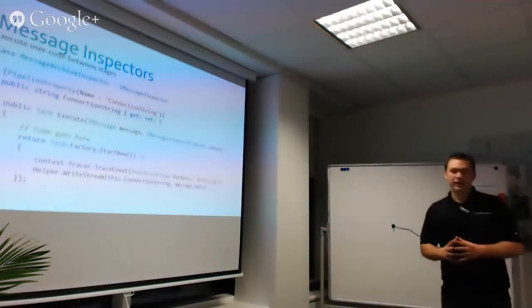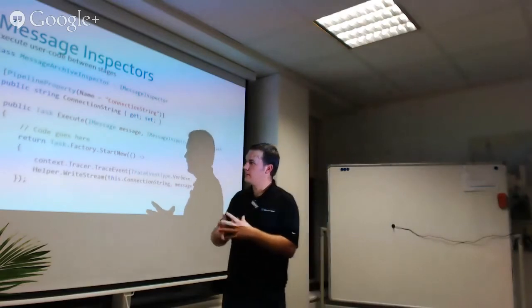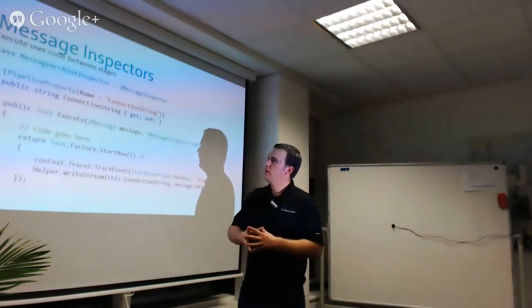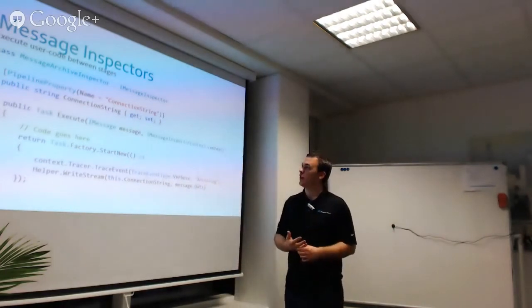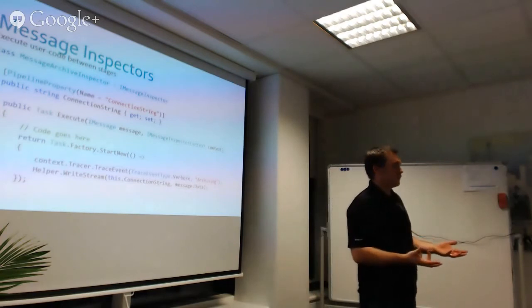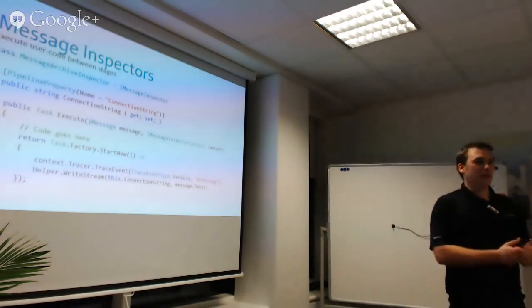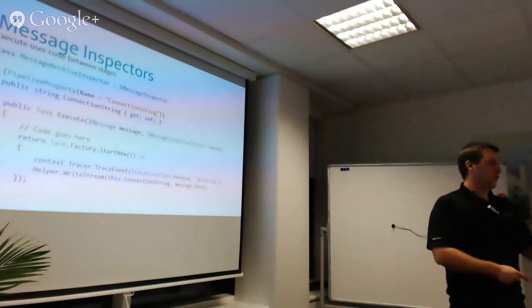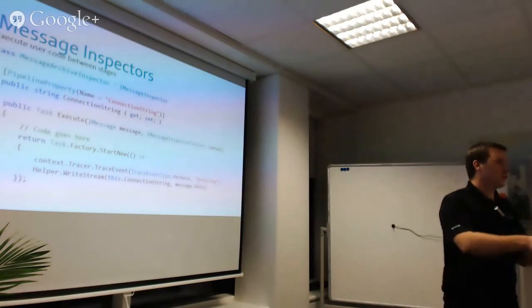So for a message inspector, it's not the cleanest solution yet, but at least we have a solution. It's just a matter of implementing this interface, IMessageInspector. And then, of course, you need configuration a lot of times. I talked about the PDF signer that we want to use. There I need to have the certificate's location, who is on blob, maybe the reason of the signature and so on.